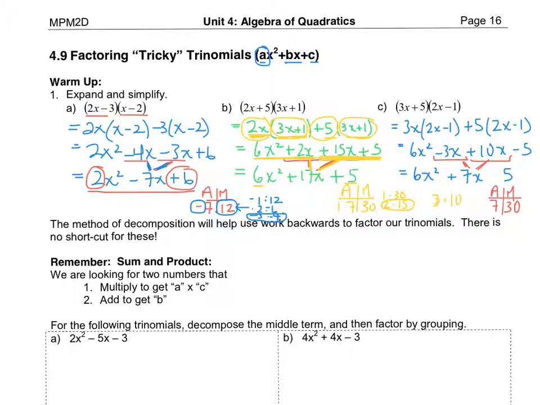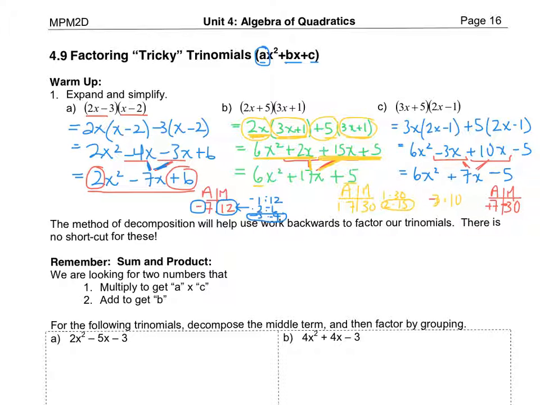This plus here should actually be a subtract. So we're actually multiplying to a negative 30, which means my 2 signs have to be opposites. One's a positive, one's a negative, so I multiply to a negative answer. And because we're adding to a positive 7, it means the bigger number has to have the positive and the smaller number is the negative.